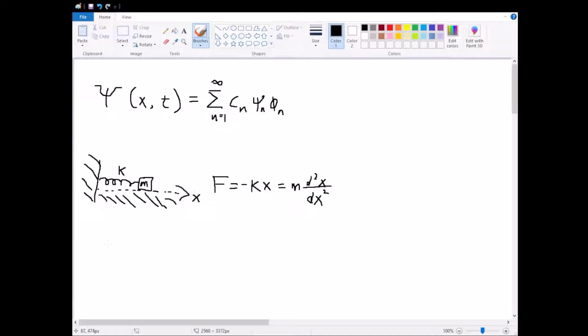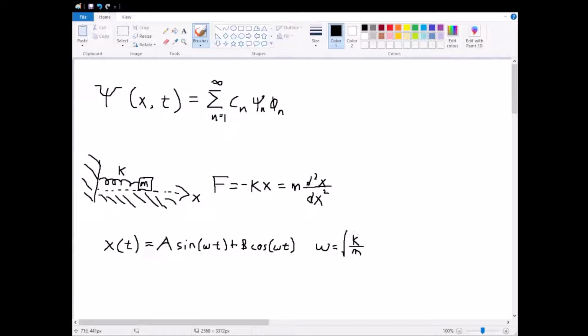Solving it yields that our general solution for x is equal to some constant a times sine of omega t, added with some constant b times cosine of omega t, where omega is defined as the square root of the spring constant k divided by m.